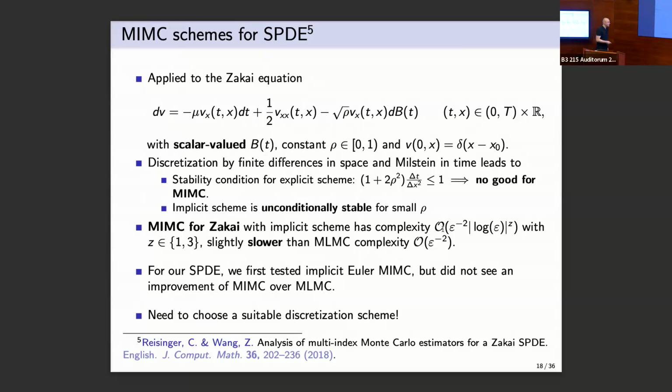So there's always some log term there in the analysis. I think in the numerical test, they saw similar performance also. Maybe there is room for improvement in the analysis. But what I'm trying to say here is that this illustrates that it's quite difficult to find a suitable numerical scheme to use in your multi-index Monte Carlo method for SPDEs.